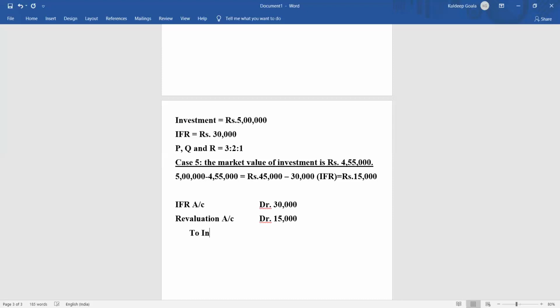To investment account 45,000, because there is a total loss of 45,000. Being decrease in the value of investment. Clear? This is what is happening here.